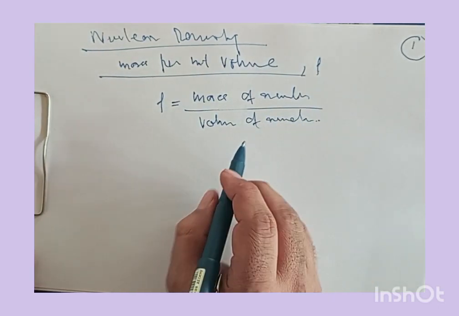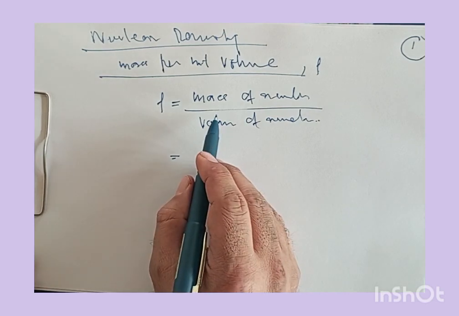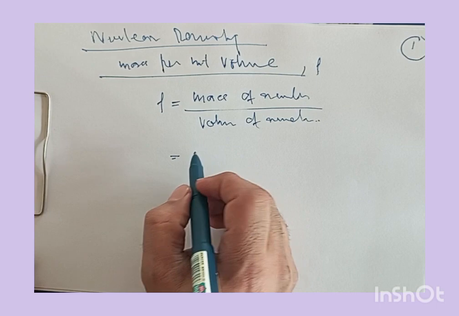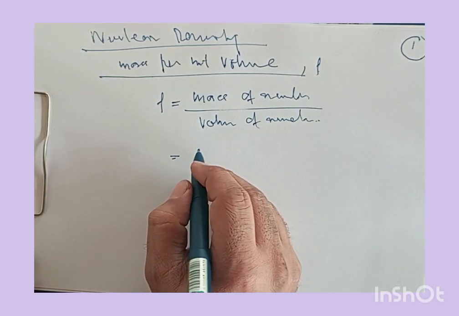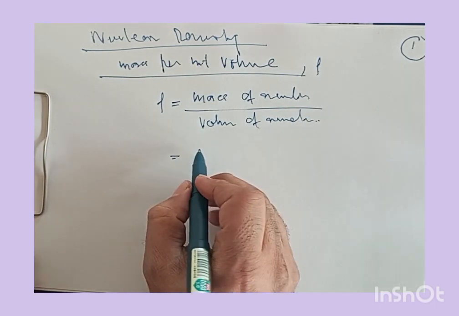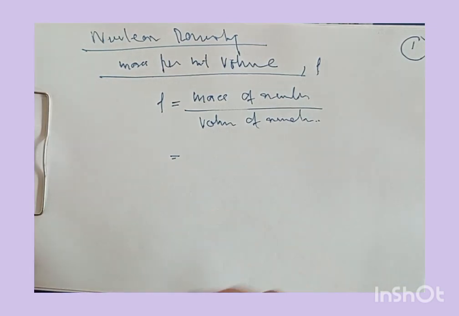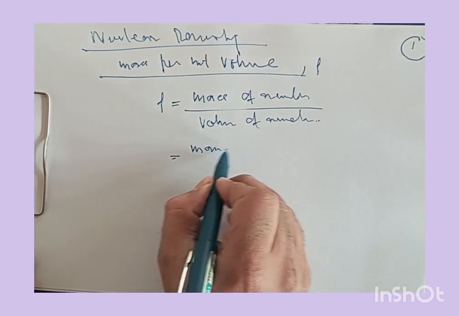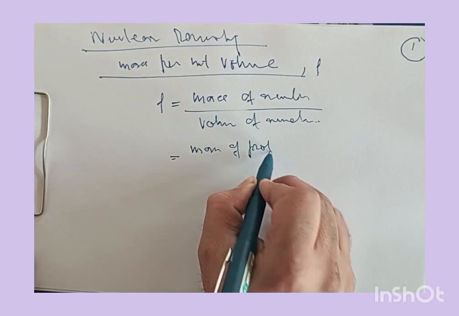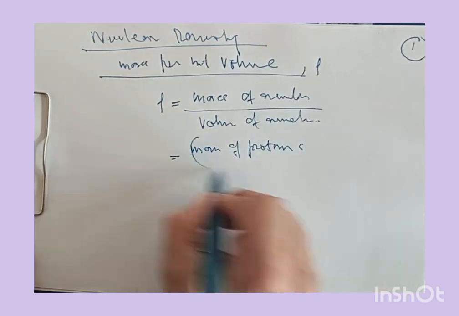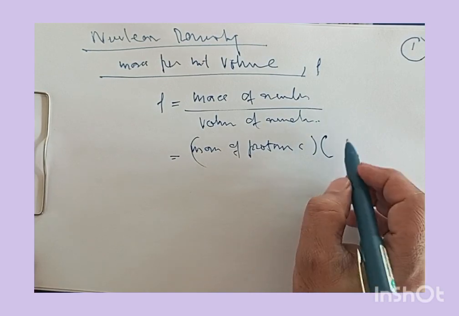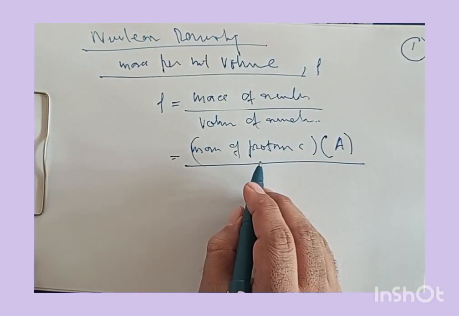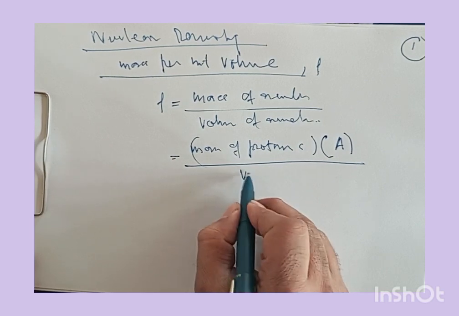Now, the mass of the nucleus will certainly be the mass of protons, or let's take some average value, times the mass number, where A is the mass number, divided by the volume of the nucleus.